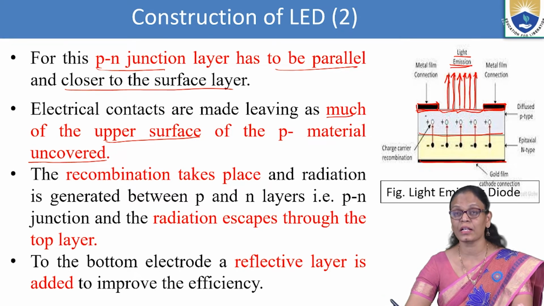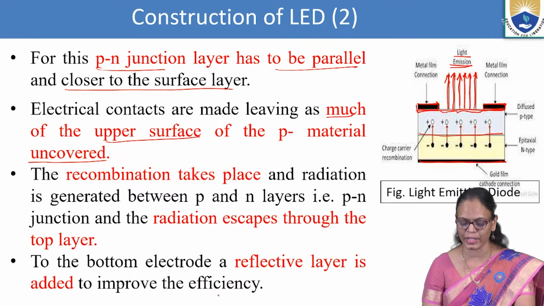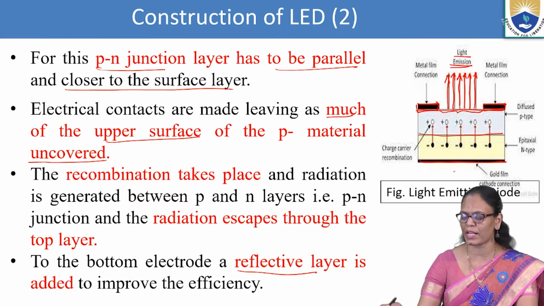When we are constructing, it has to be kept in mind that the top surface layer of the p-n junction cannot be covered completely. Most of it is left open so that the radiation can come out. But on the bottom layer or the bottom electrode, a reflective layer is added to improve the efficiency. So if the LED has to have a high efficiency, what we do is we put a reflective layer so that most of the light is reflected.